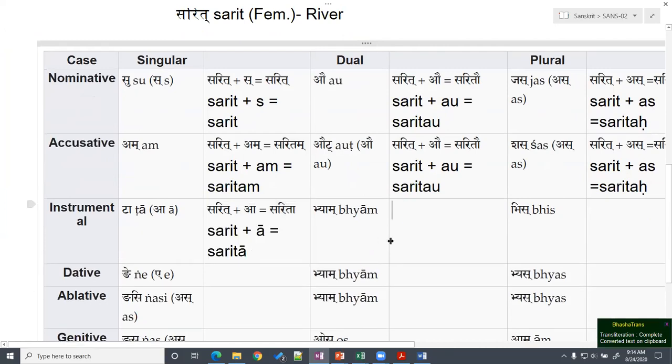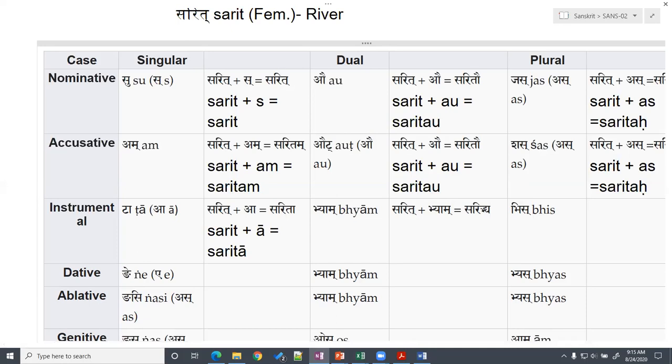Bhyam. So sarit plus bhyam. And here if you look, there is a sandhi taking place. Takara before bhakara, which is a voiced consonant, becomes dakara. We already covered these consonant sandhi rules. So that's the only change that will happen here.